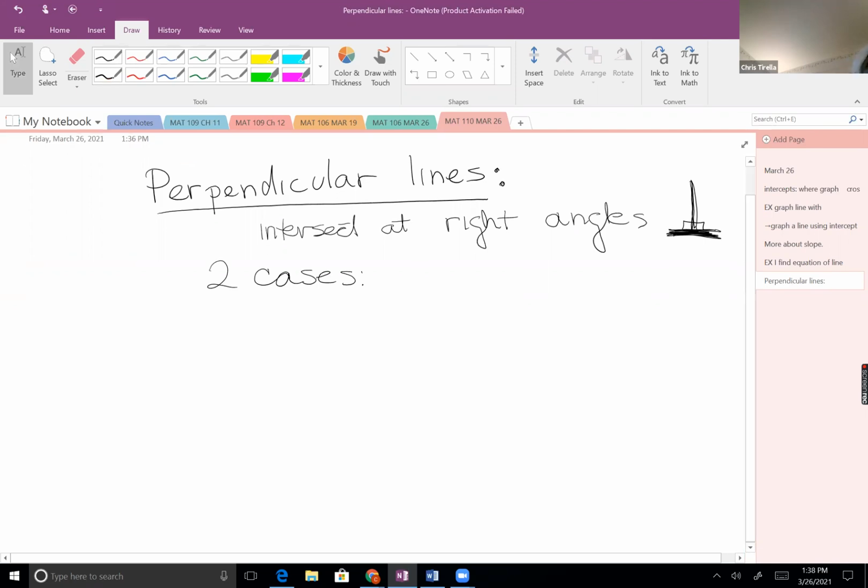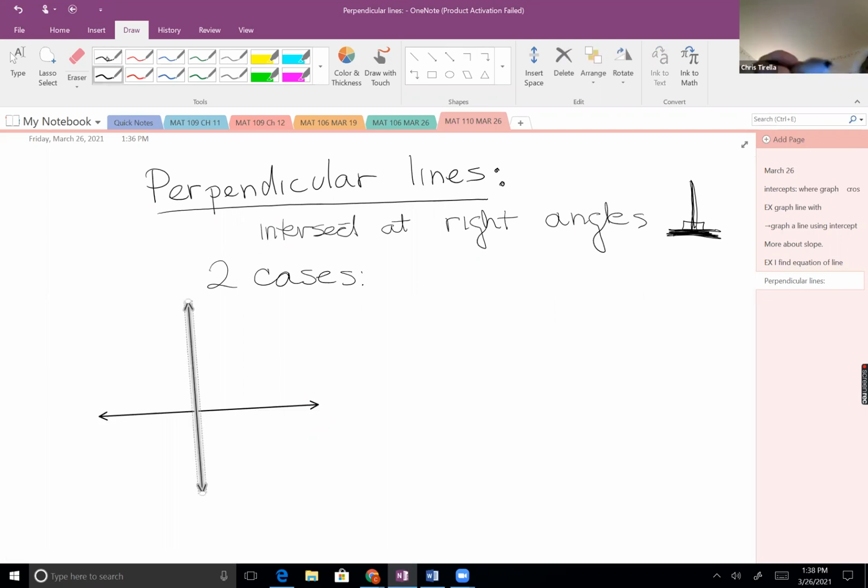The first case is really obvious. The first case says that if I have a horizontal line, a perpendicular line will be vertical.